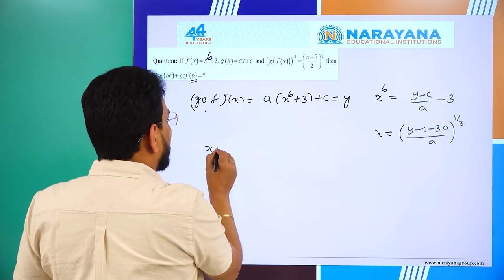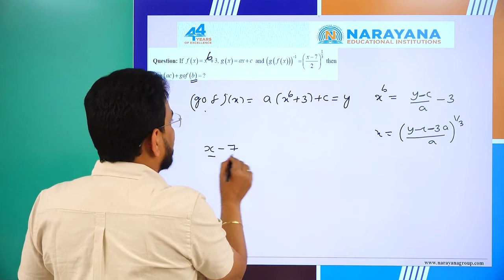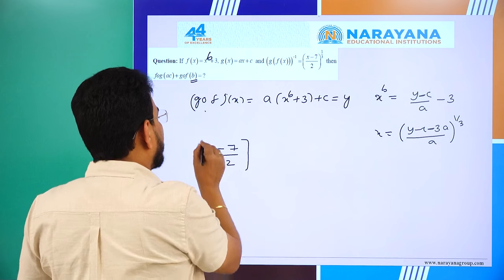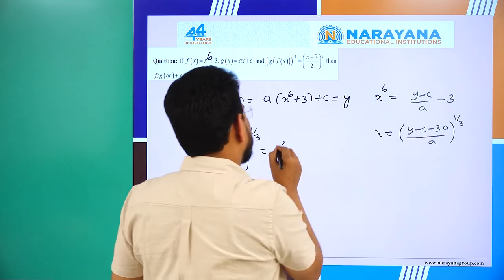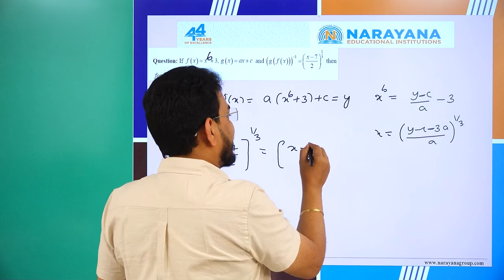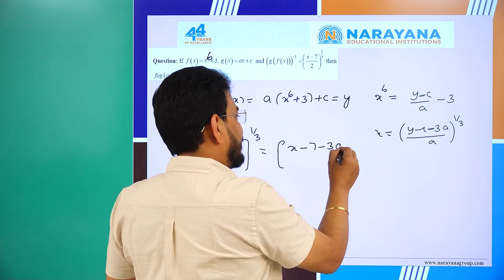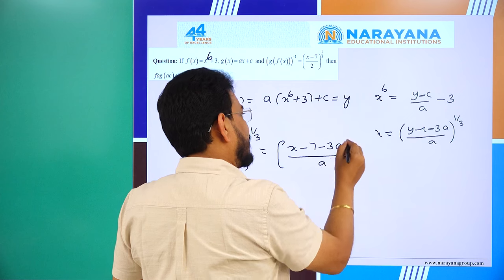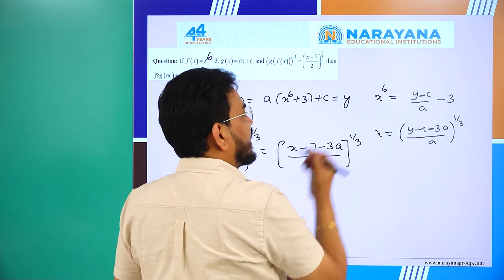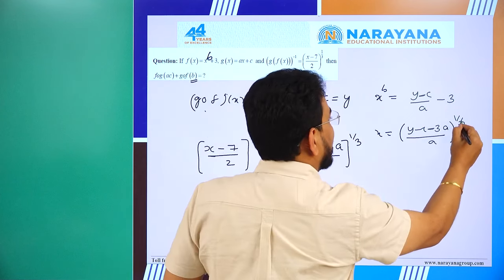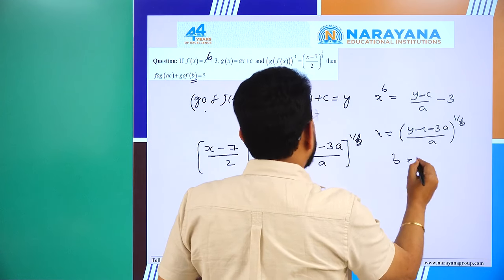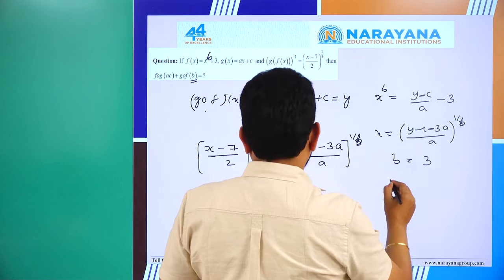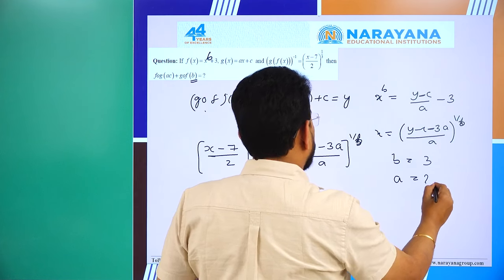So x minus 7 by 2 whole to the power of 1 by 3. So replace y with x. This is x minus c minus 3a by a to the power of 1 by 3. Sorry, 1 by 3. So clearly b is equal to 3, a is equal to 2.